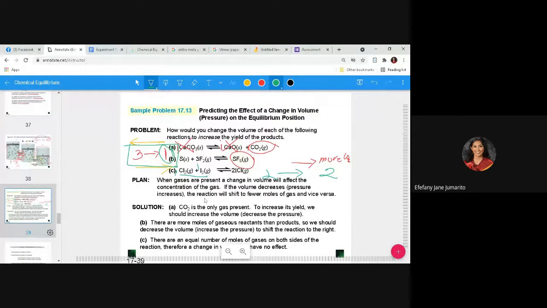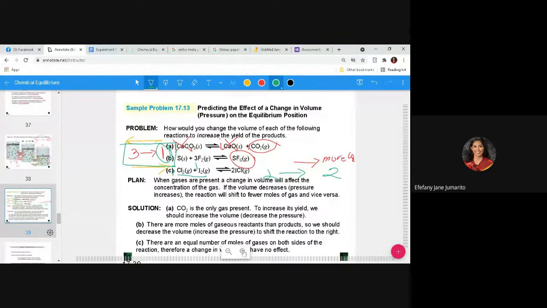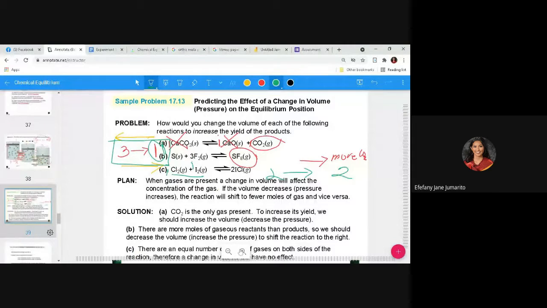Okay, so 2E2. Since this one, what will happen to letter C? How are we going to increase the yield of the product? The number of moles of gases is equal. So what are we going to do? No effect. So the volume will have no effect.